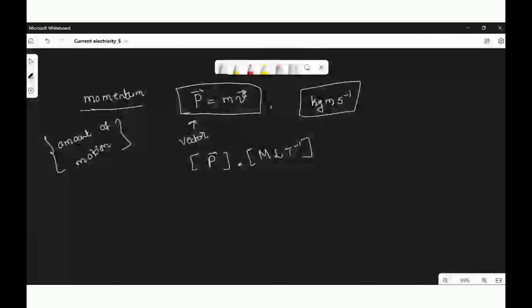The same bullet fired with a moderate speed will not cause much damage. Thus, for a given mass, the greater the speed, the greater is the opposing force needed to stop the body. So taken all together, we say the product of mass and velocity is momentum.